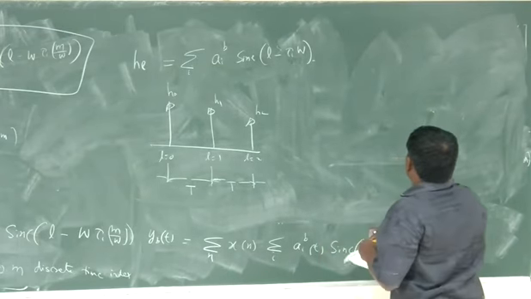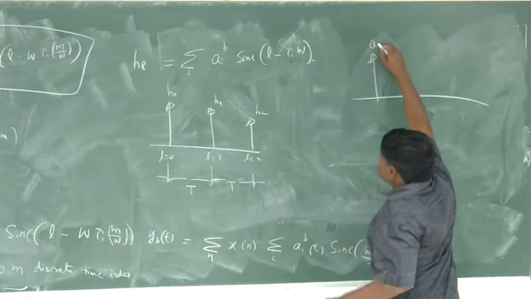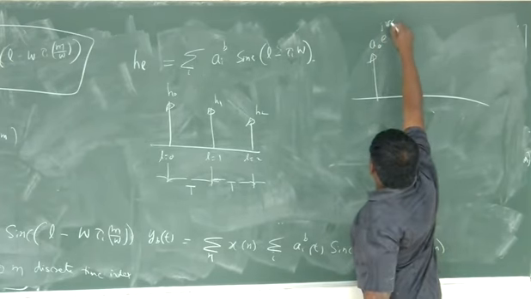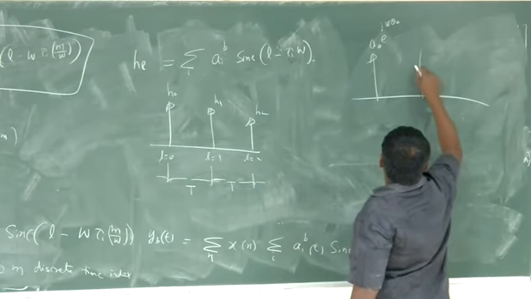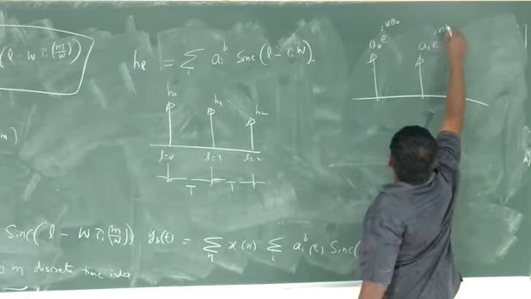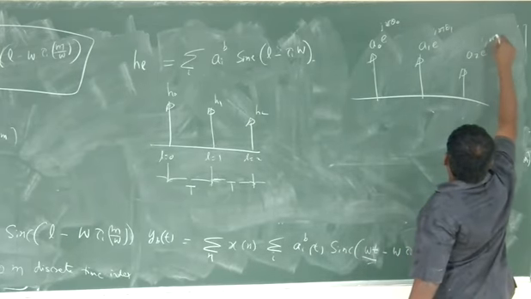Let us say the original baseband channel looks something like this: A0 e to the power of j 2 pi theta 0, A1 e to the power of j 2 pi theta 1, A2 e to the power of j 2 pi theta 2.